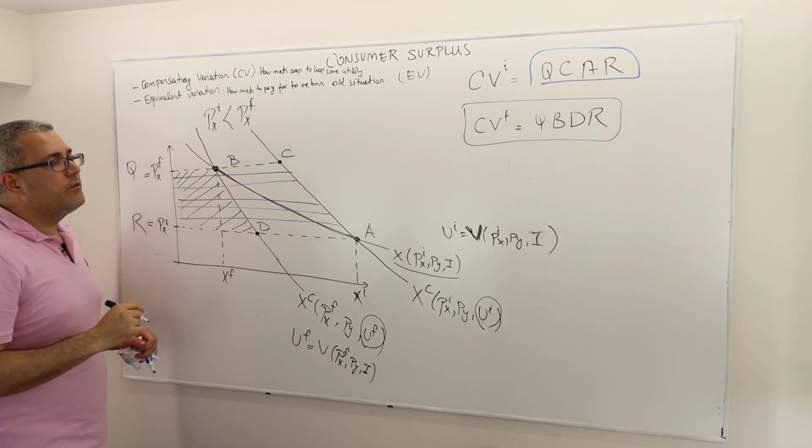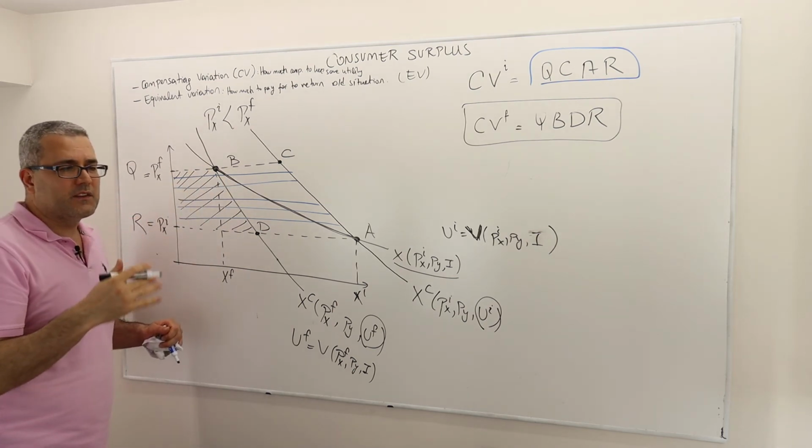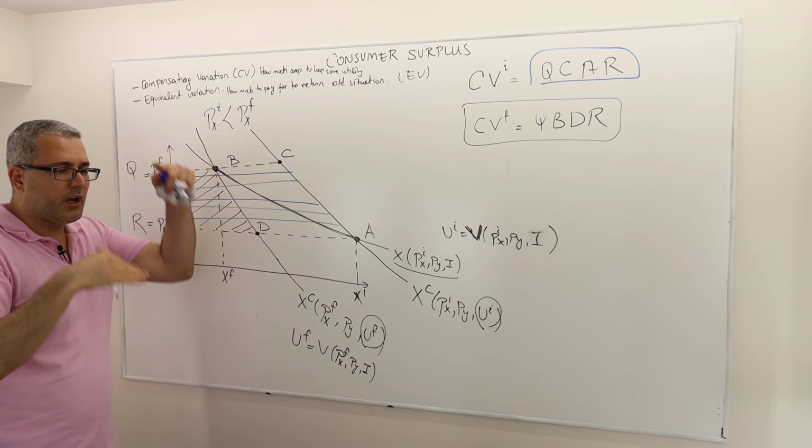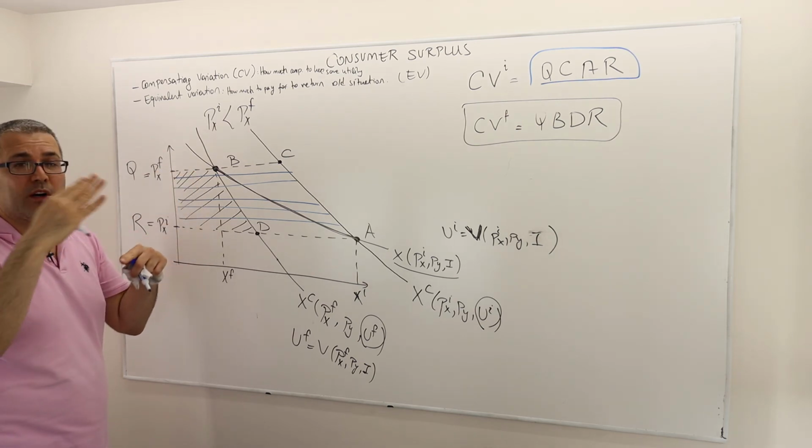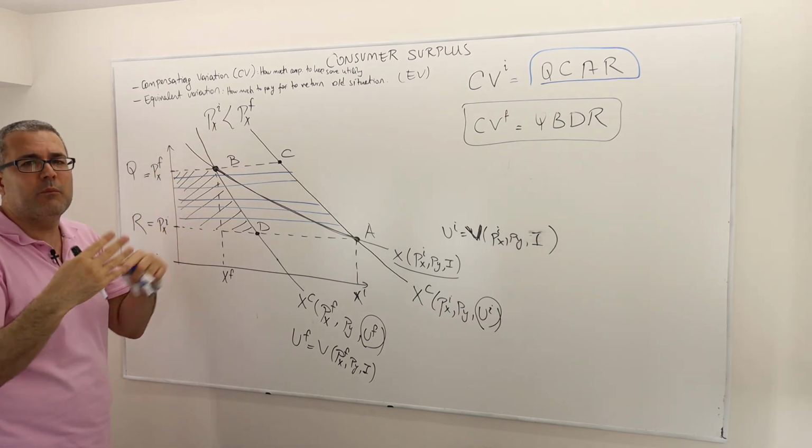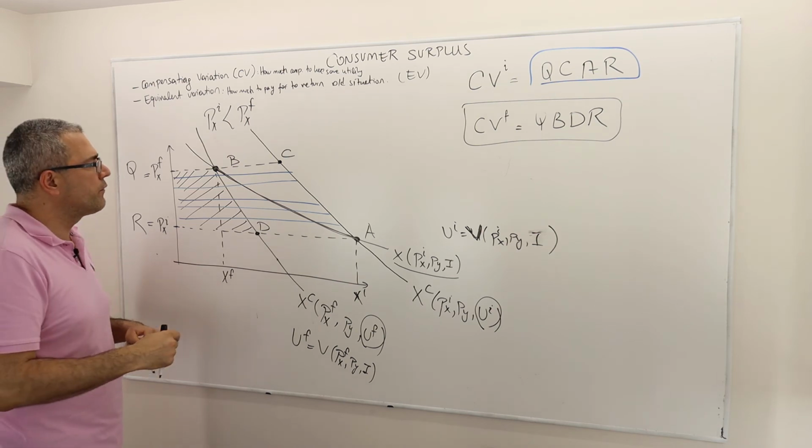Okay, if you do this analysis, the area between the price lines and the Marshallian demand curve is how much compensation we need to offer this guy.